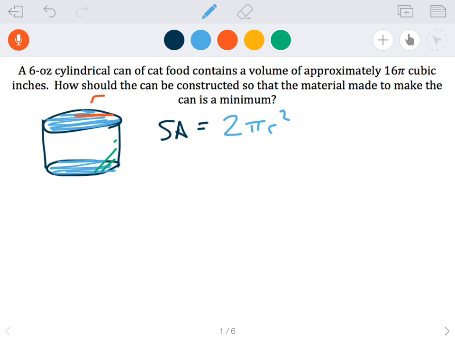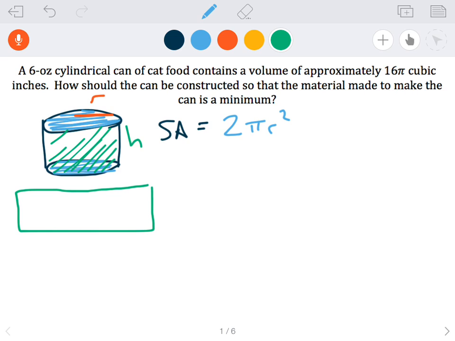And then I've got this section of the can. If I peeled it off and stretched it out, it would just be a rectangle, right, of some height. And then the length of that would just be the circumference of my circle, right? So it'd be the circumference, which I know is pi d, which I know is 2 pi r.